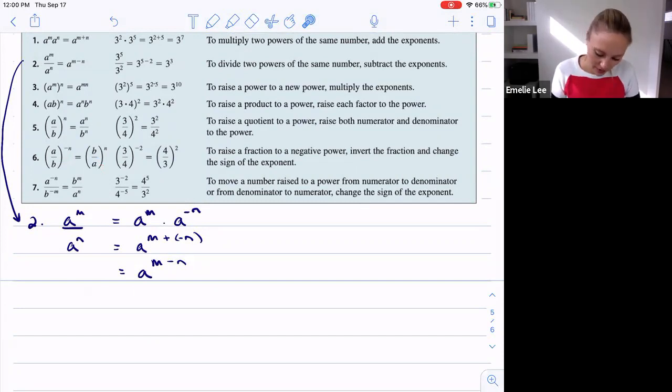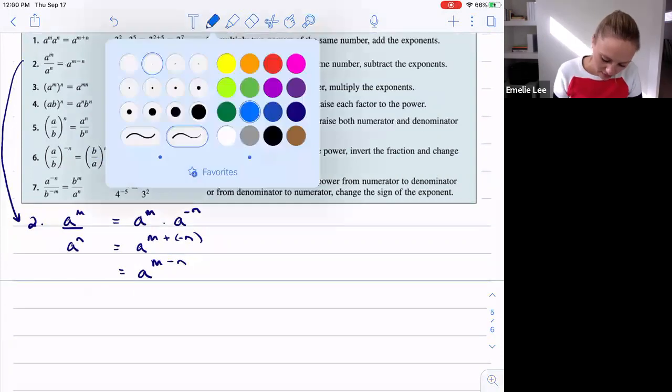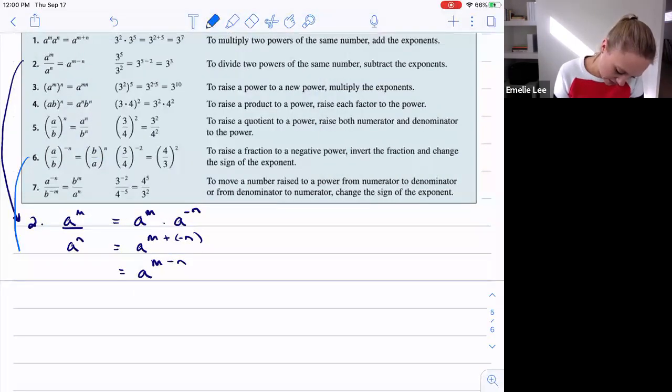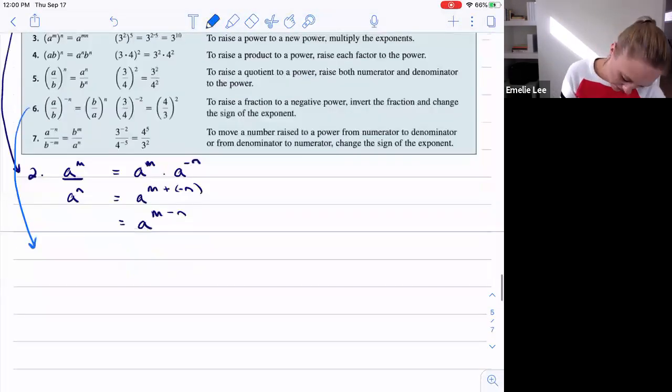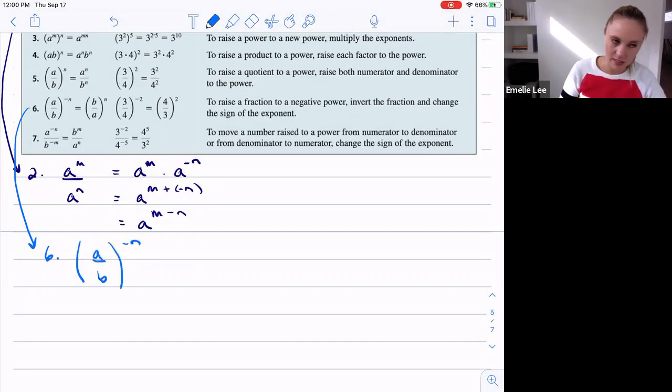Let's convince ourselves that we know why. We have a over b to the power of negative n, and I'm just going to tease it out until I get to that final end stage that we've got in the laws.